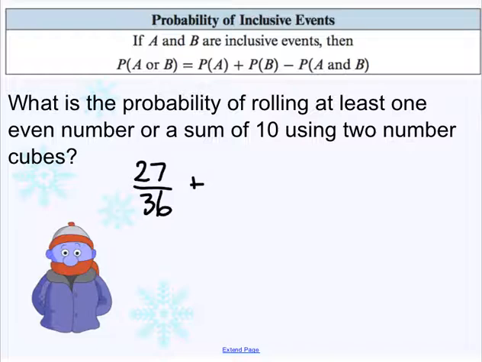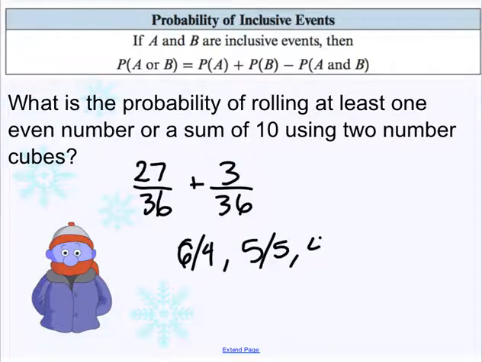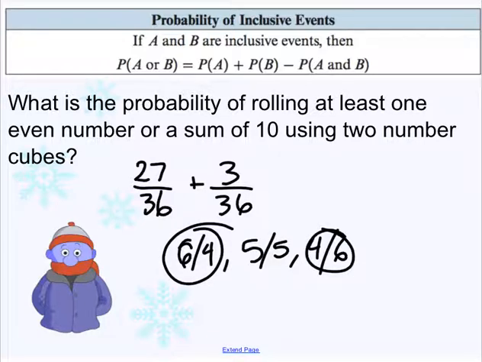So we're going to say that's 3 out of 36. And the question is, when do they occur at the same time? Well, 10 can be made up of a 6 and 4. We could have also done a 5 and a 5, or a 4 and a 6, meaning 2 of them overlap because these are even numbers and they add up to 10.